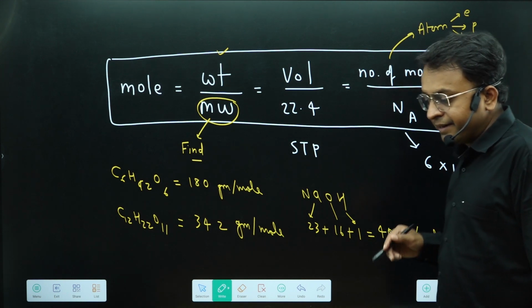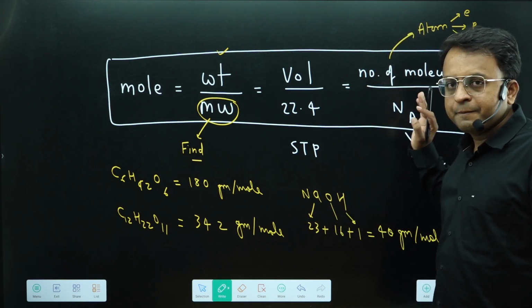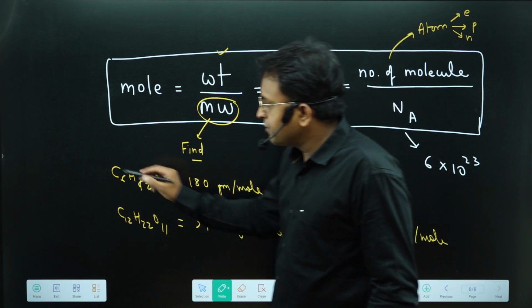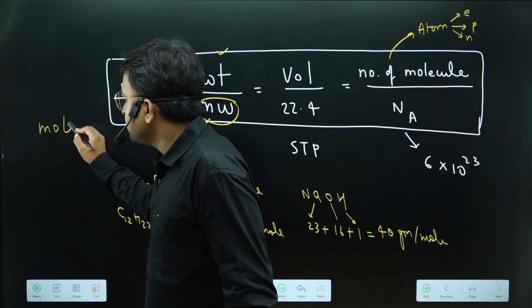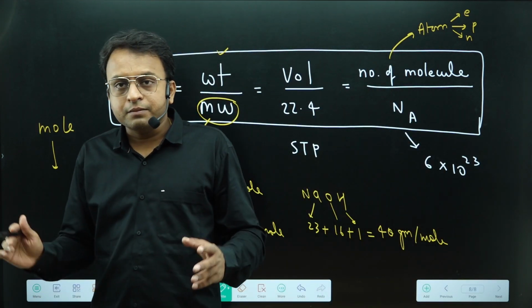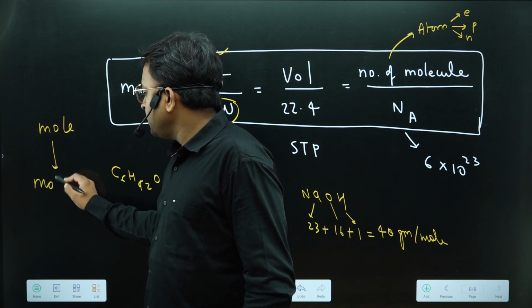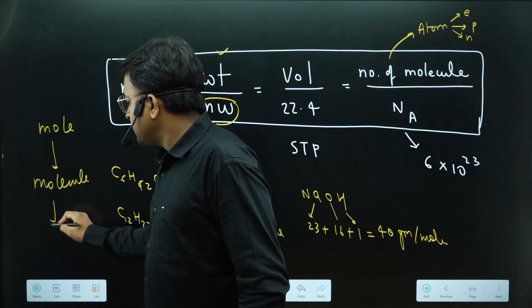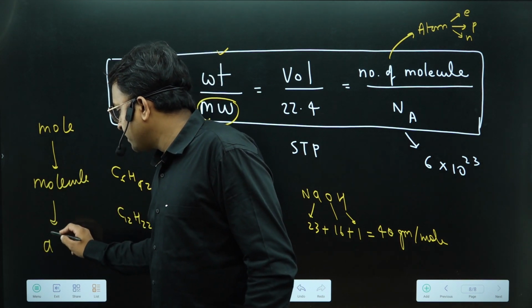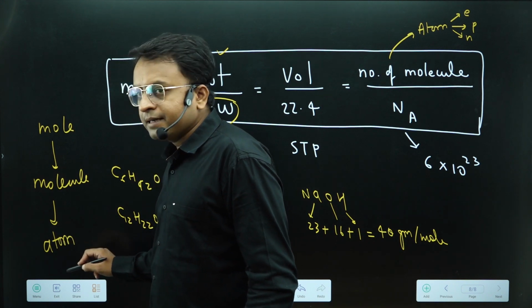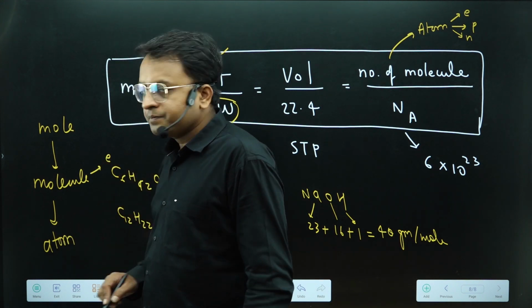This also can be found this way. First, you have to find mole. Mole is a bigger term than molecule, and here you can go two ways, atom or electron.